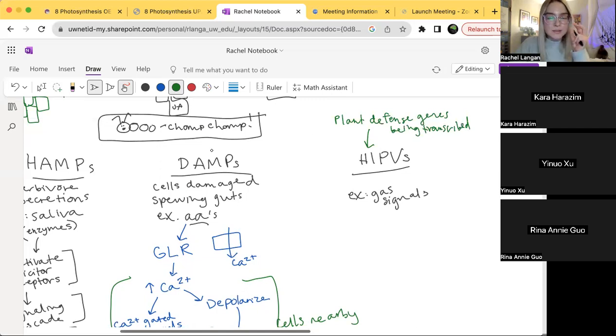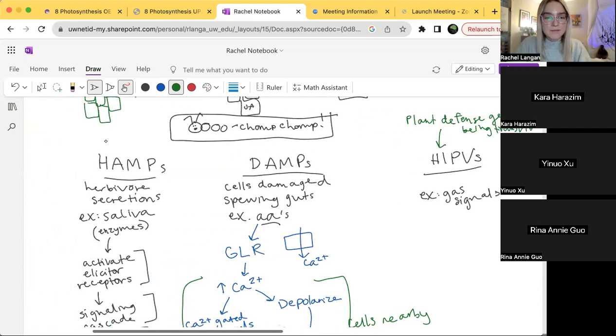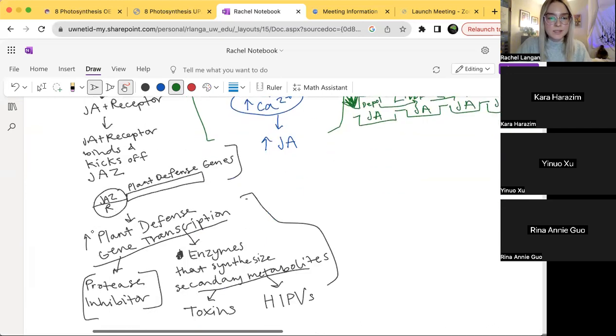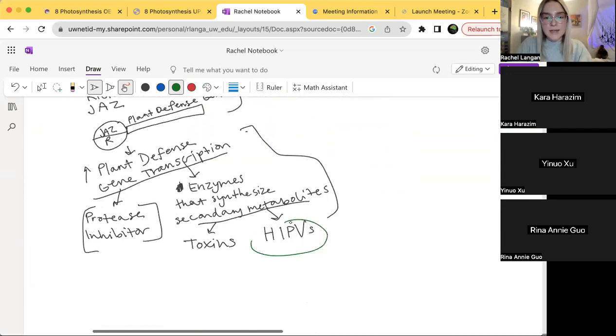So at the actual damage site, these two things have to happen first, which then result in the enzymes for making secondary metabolites being made, in order to get those local cells to make HIPVs. Then those local cells secrete these HIPVs as gases. That's what volatiles are, meaning they're very prone to becoming gases. Those gas signals are going to move super far away.